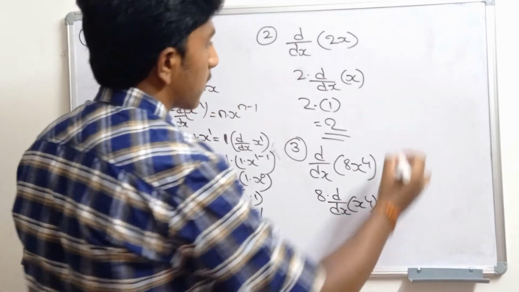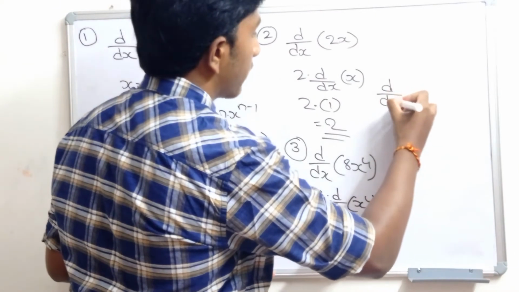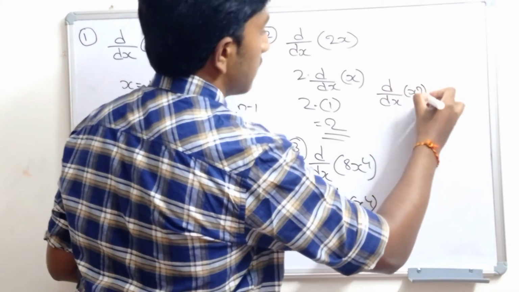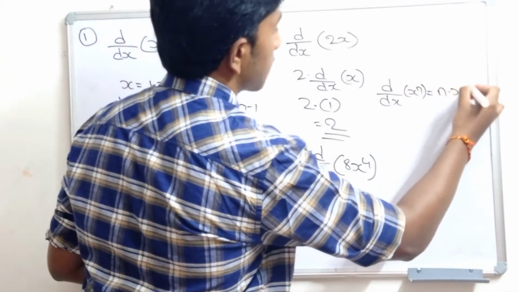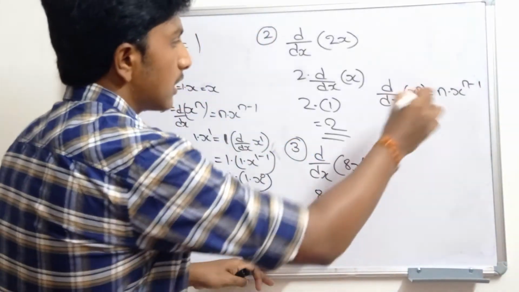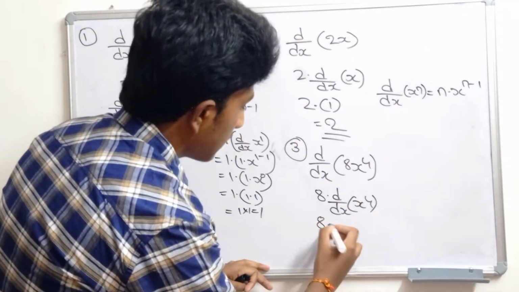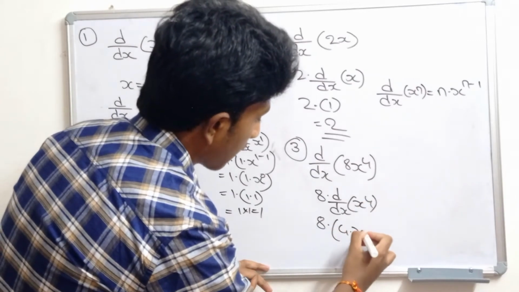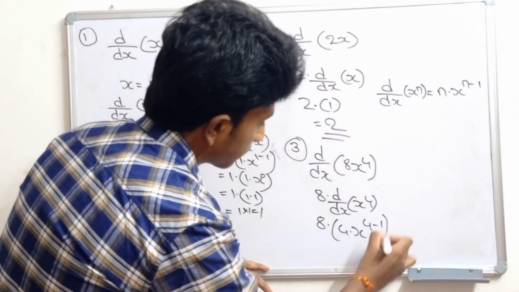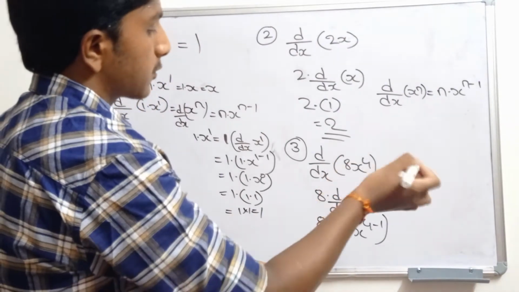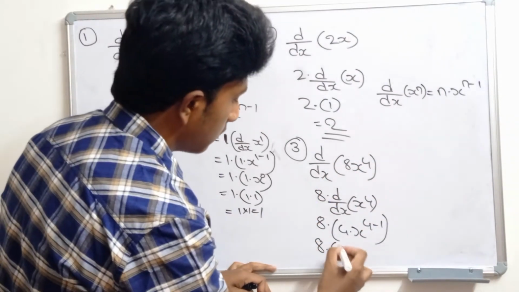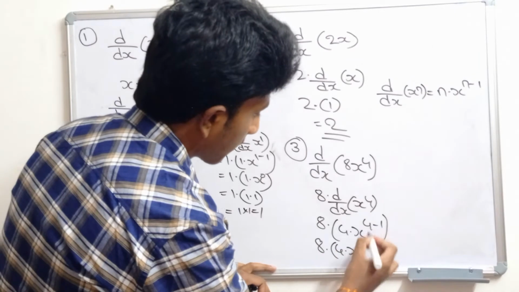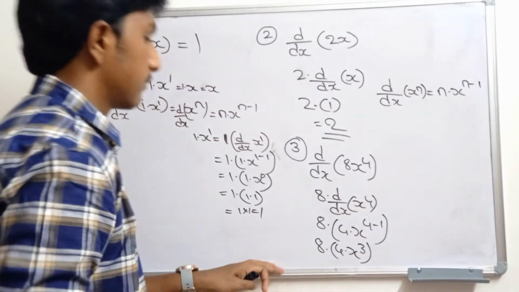Now differentiate x power 4 using the formula d by dx of x power n is equal to n into x power n minus 1. So 8 into 4 into x power 4 minus 1.